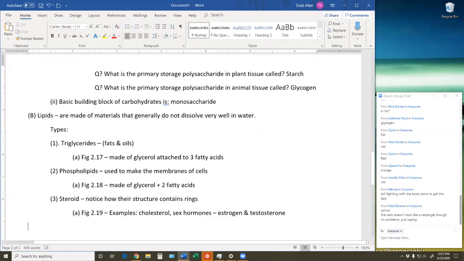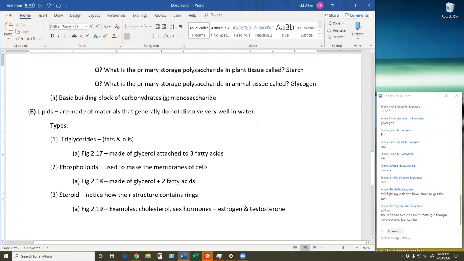So, gang, the basic building block for all lipids is the fatty acid. The basic building block is the fatty acid.